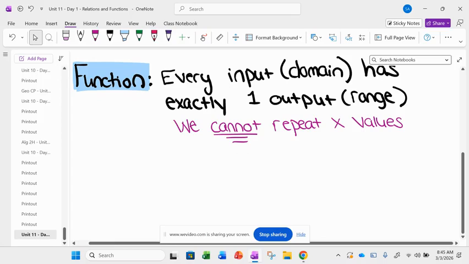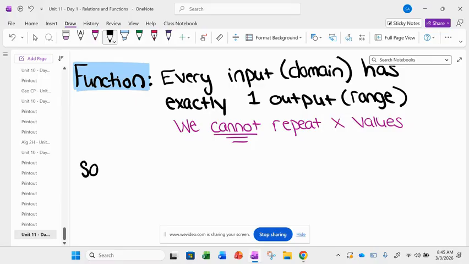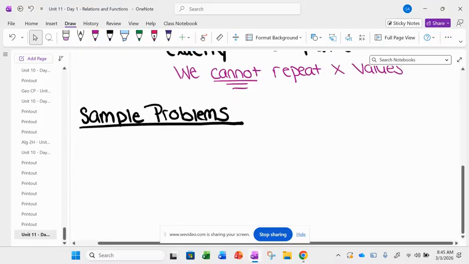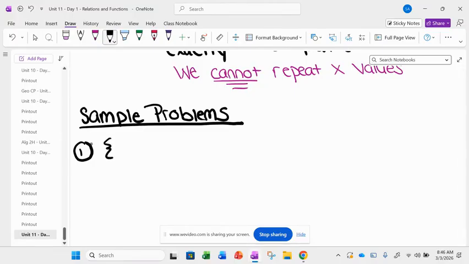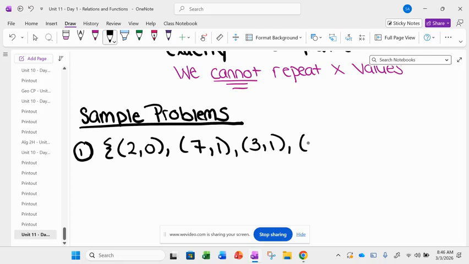All right, so let's practice. Let's say simple problems. Let's say I gave you a relation with the points (2, 0), (7, 1), (3, 1), (-2, 5).